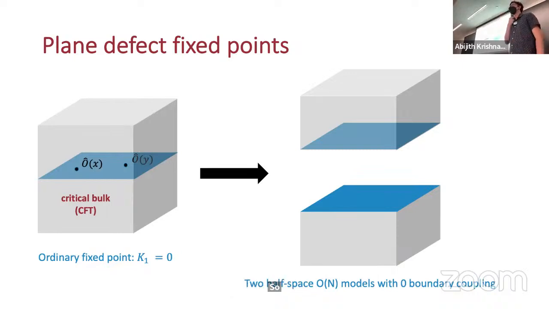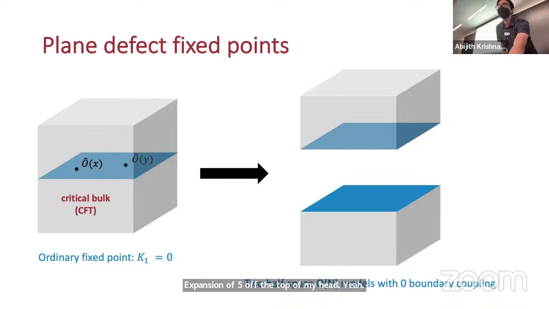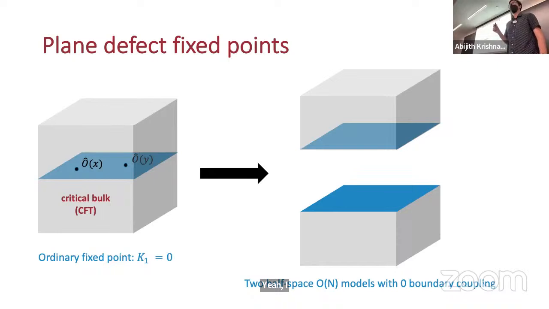It's a primary operator, and I'm not sure exactly how it fits into the OPE expansion of phi off the top of my head. And I think the actual coefficients of the OPE expansion are not known in general, so that's why I didn't write it down.